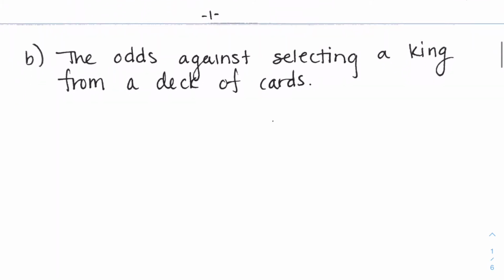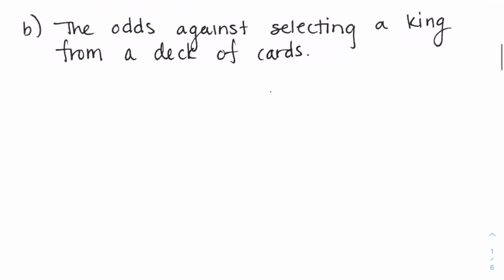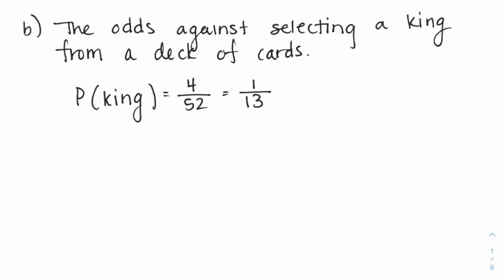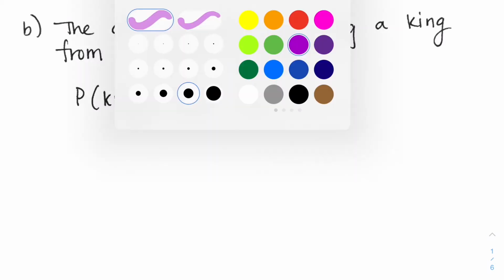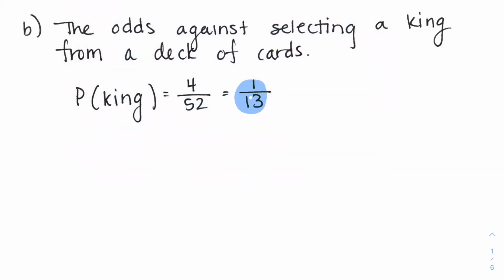Let's look at the odds against selecting a king from a standard deck of cards. We need two things again. We need the probability of selecting a king, and then we need the probability of failing, so not a king. Remember there are 4 cards out of 52 that are kings. So we can simplify that. There's a 1 in 13 chance of you selecting a king.